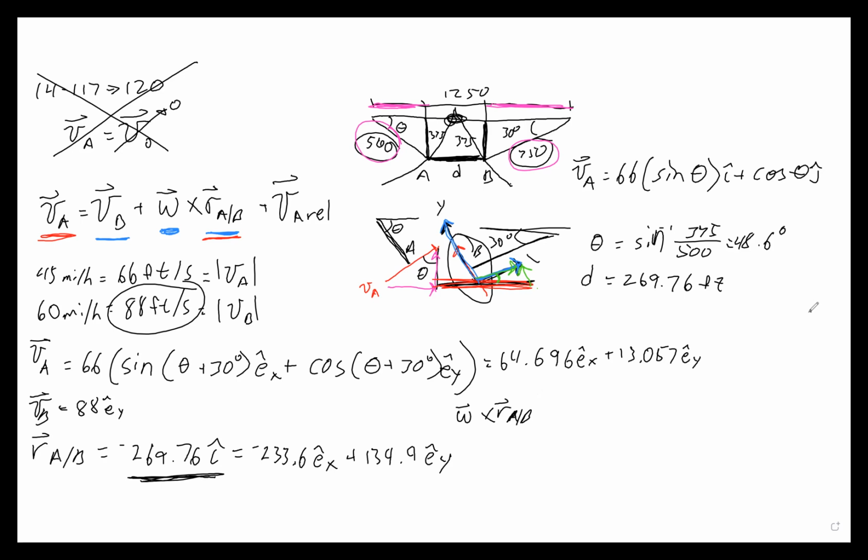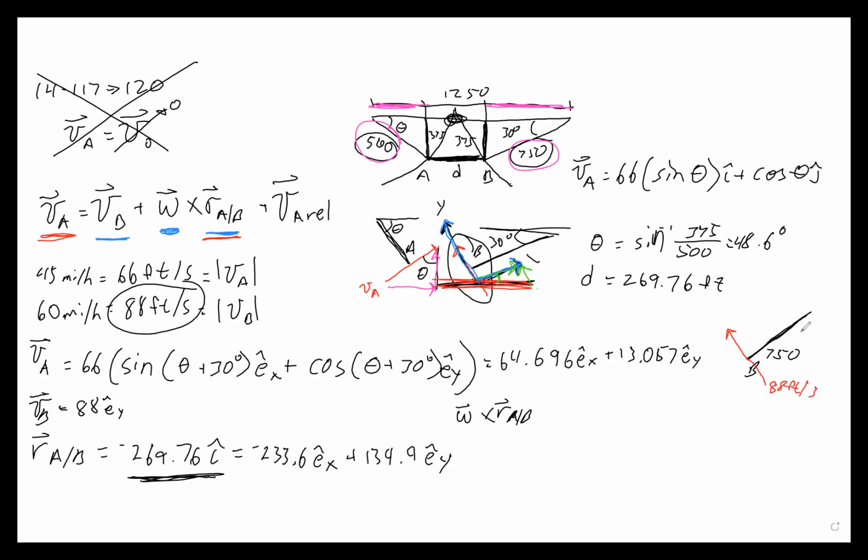I'm going to draw a new diagram of just B here. Car B has a radial distance of 750, and then has a velocity of a certain value. And that certain value is 88 feet per second.